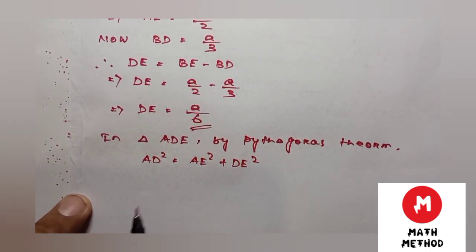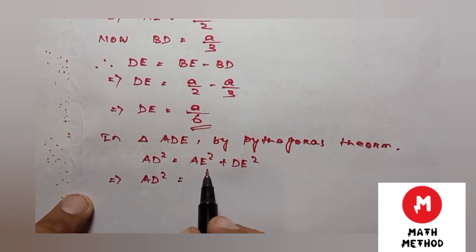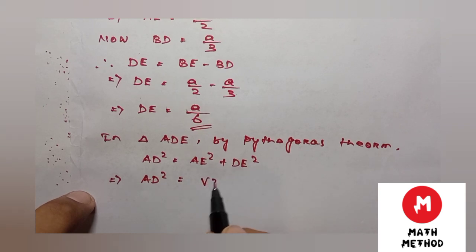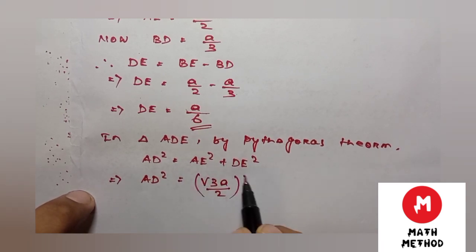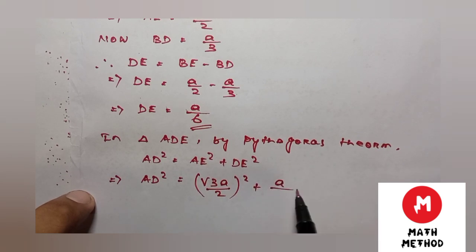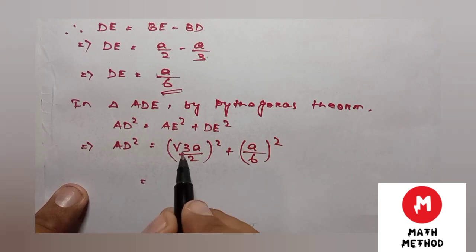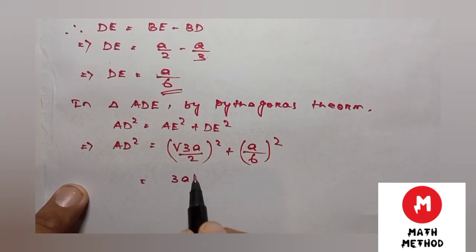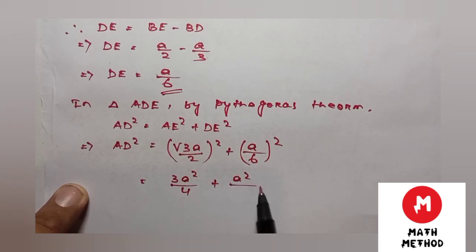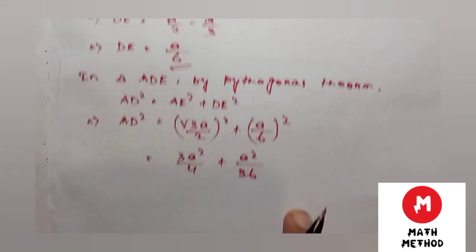So AD square is equal to AE, which is root 3a by 2, whole square, plus DE, which is a by 6, whole square, which is equal to root 3 whole square is 3, so 3a square upon 4 plus a square upon 36.